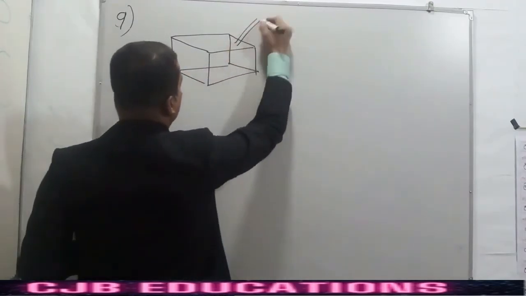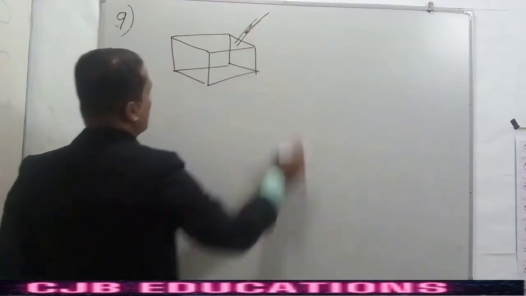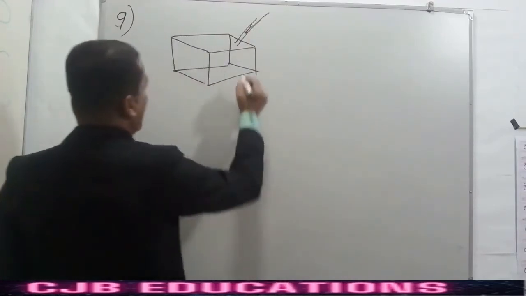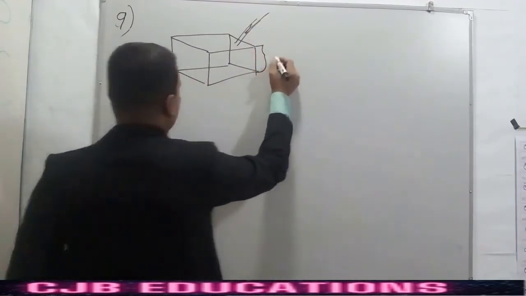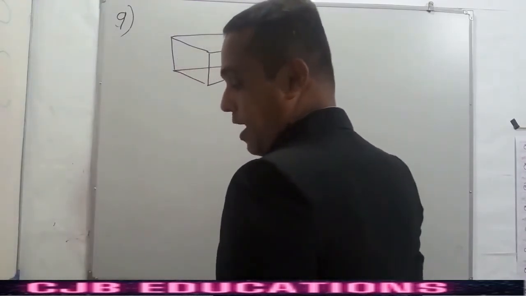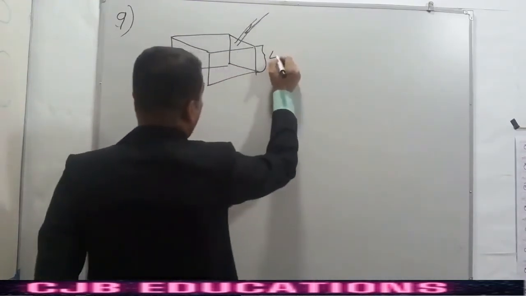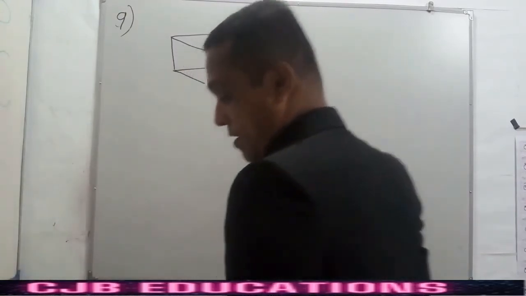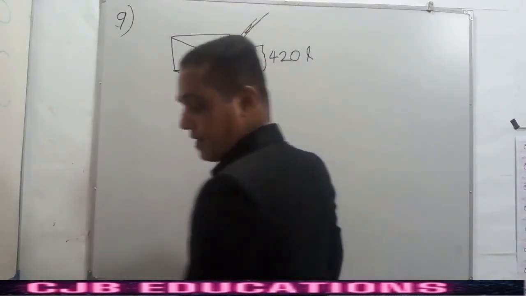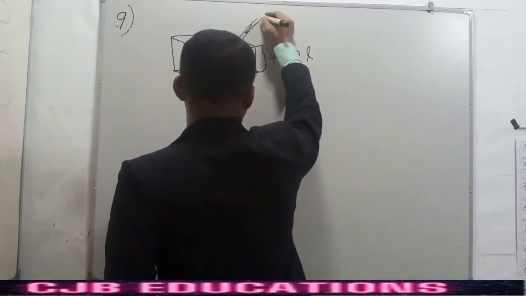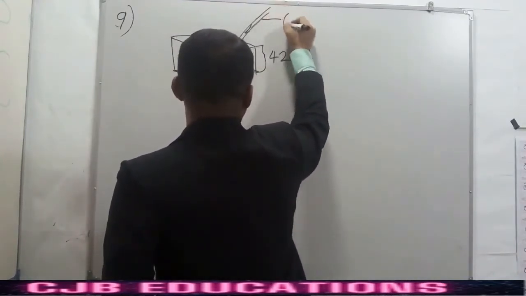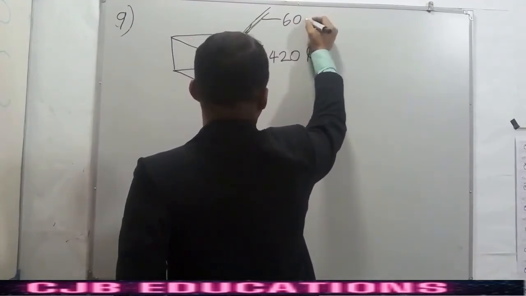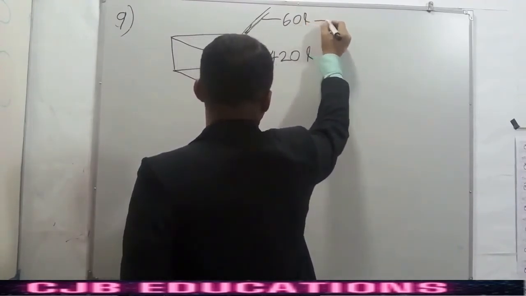The pipe is here, water flows from here. This whole tank capacity is given 420 liters. The water flow rate of this pipe is 60 liters per minute.